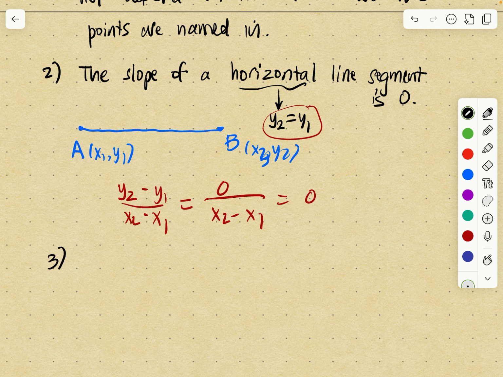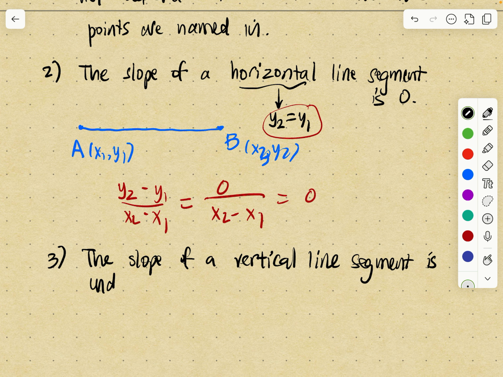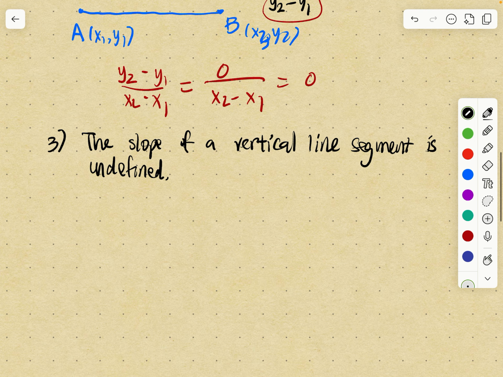Now 3, the slope of a vertical line segment is undefined. So if you have a vertical line, it has an undefined slope.